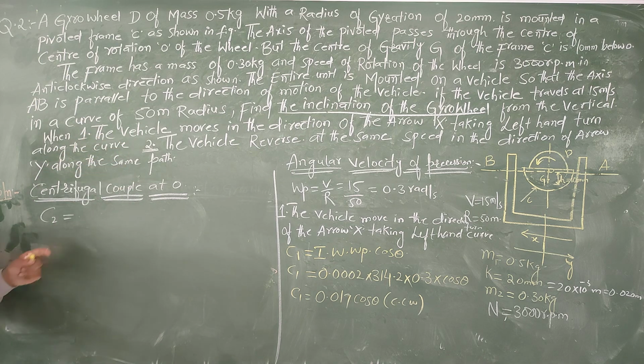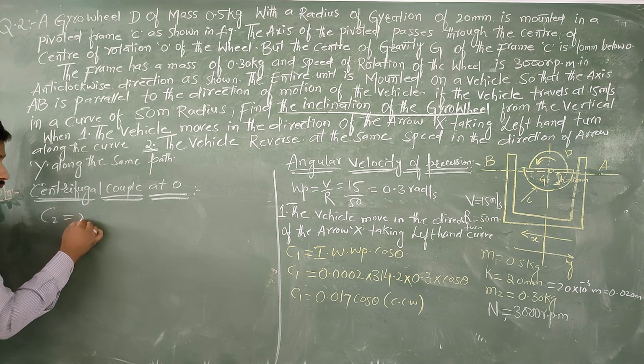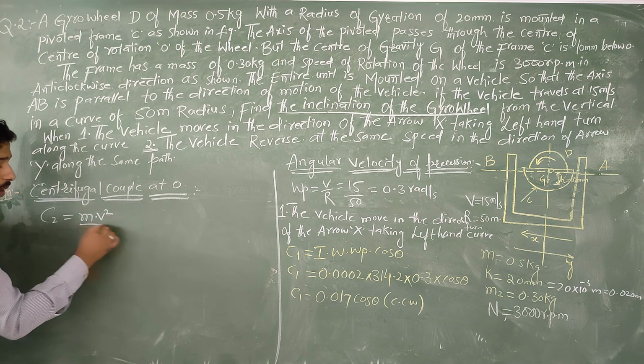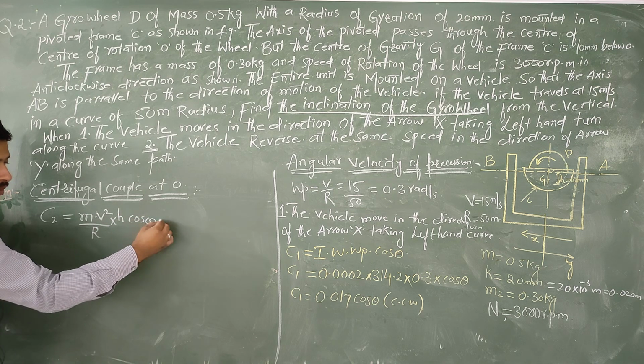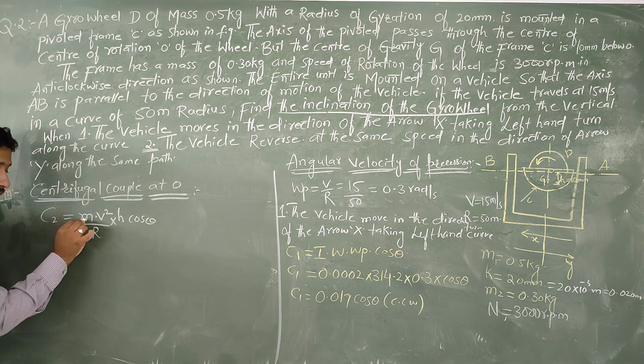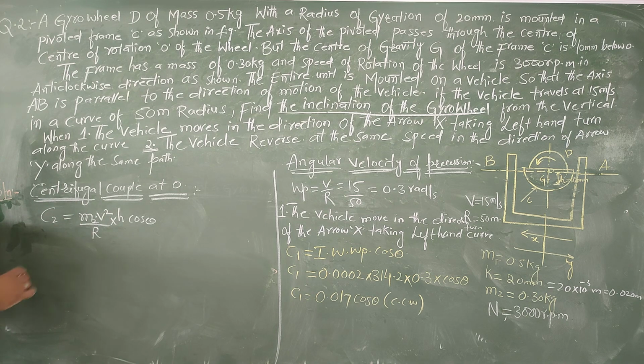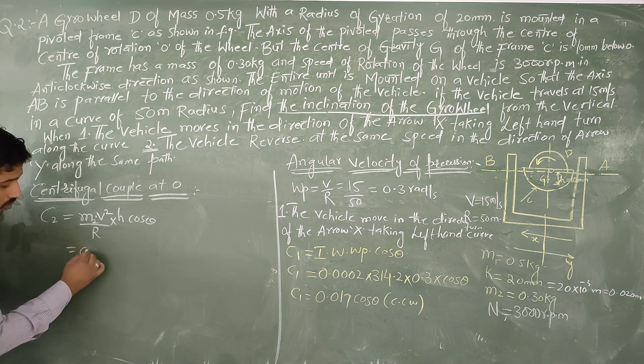We have to use the mass m2. So we have the formula m into v square by r into h cos theta, but instead of m we have to use the mass m2, the mass of the frame. The mass m2 is given as 0.3.